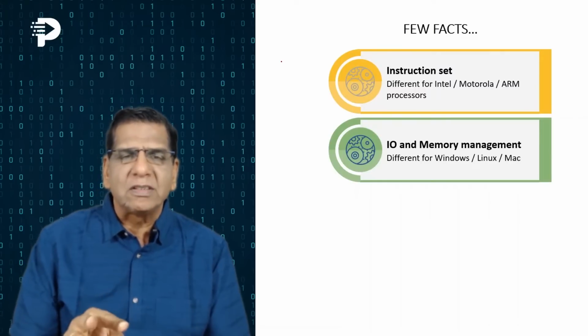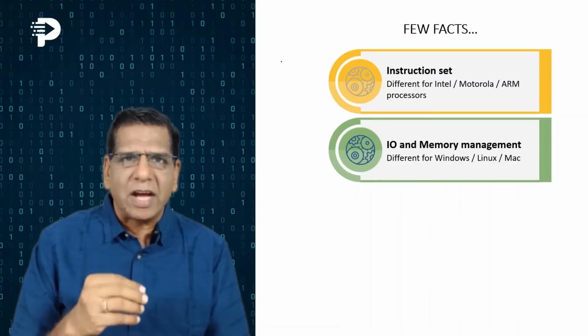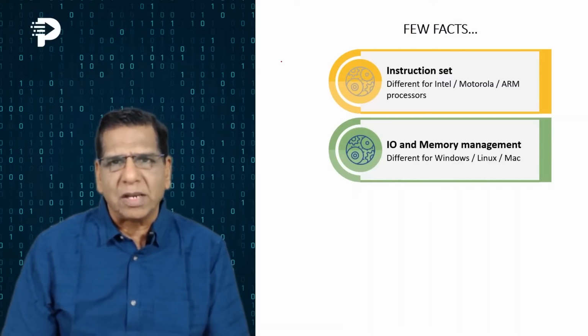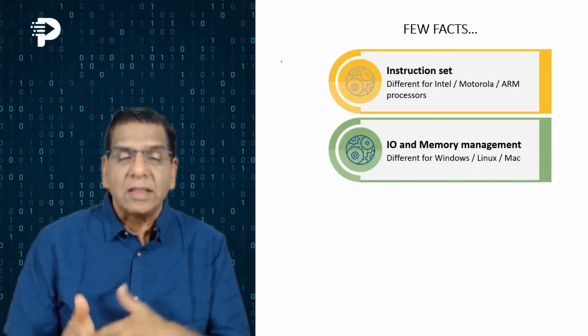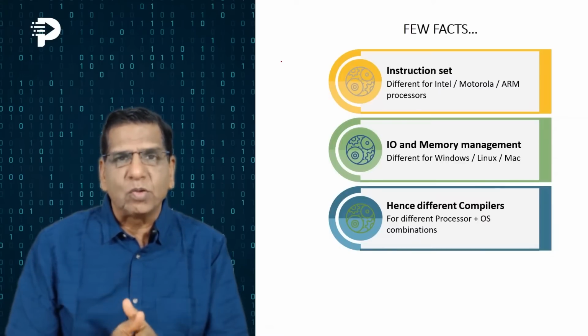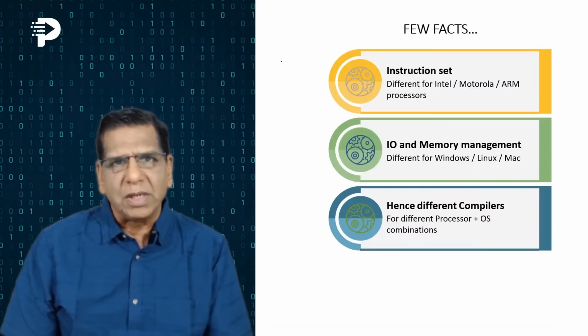So one difference is at the microprocessor level, and another set of differences, that is I/O and memory management, exist at the operating system level. That is why you have different compilers which are targeted towards a combination of microprocessor and OS.